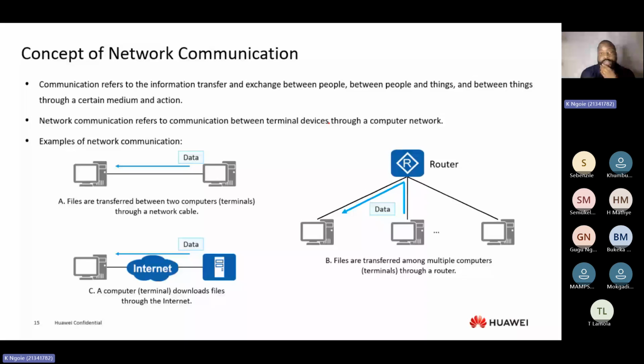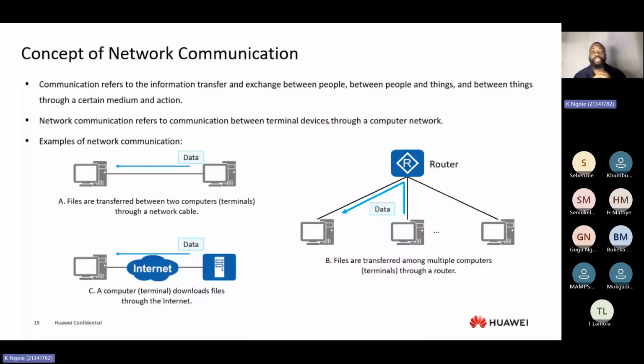This is an example of what we call a LAN, a local area network. A router or a switch can act as a central hub, which means that everyone is connected to the router, and this is how each computer will communicate with other computers. The computer just has to connect to that router or that switch.